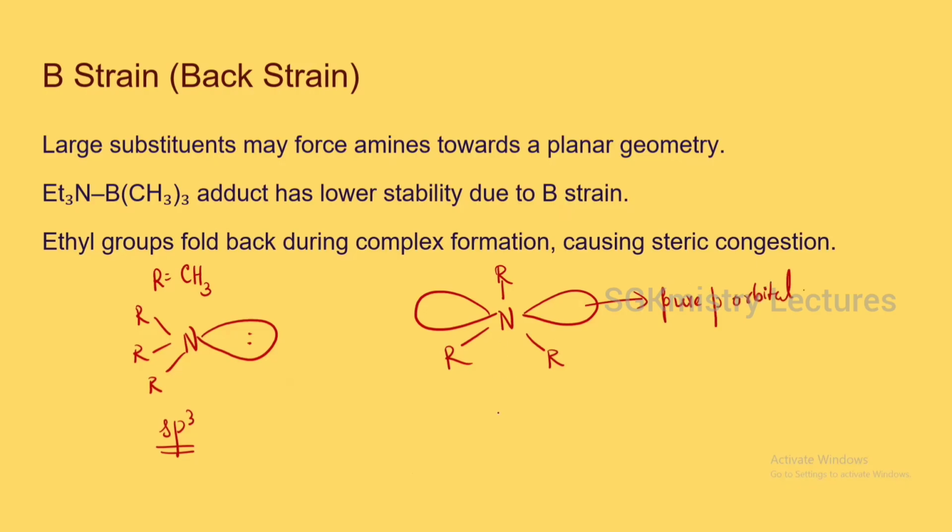Right. So again, we need to remember that whenever the substituents are large, unlike the first case where we considered only the methyl substituent, here the substituent is large. So in this case, the molecular geometry will change from tetrahedral to trigonal planar.